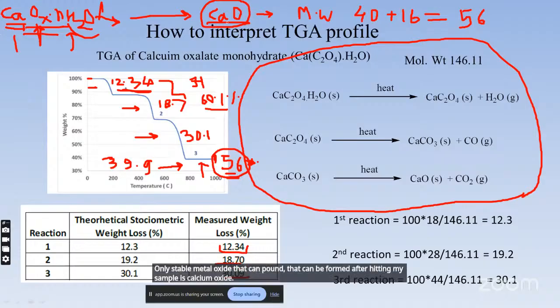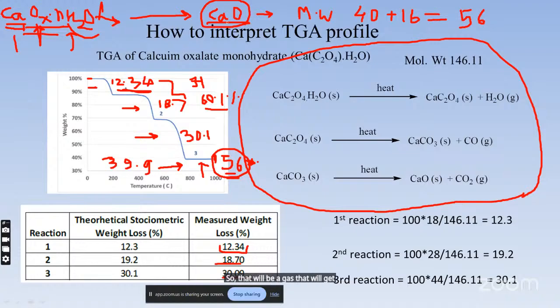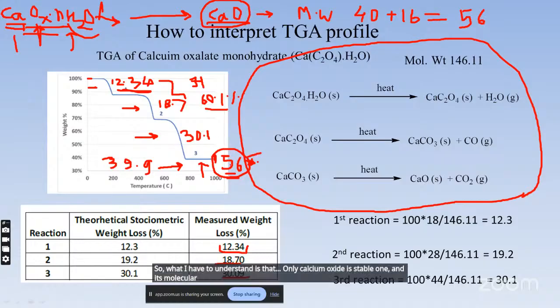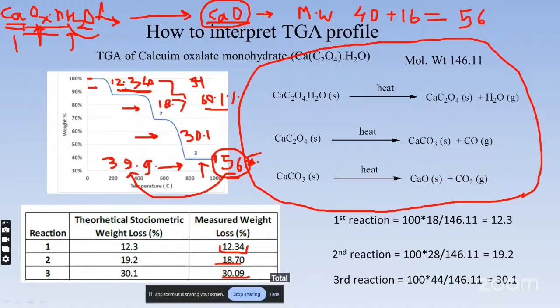If carbon oxide is there, carbon monoxide or dioxide, that will be a gas that gets liberated into the atmosphere. So only calcium oxide is stable, and its molecular weight is 56, but that corresponds to 39.9% of the weight of my original compound.